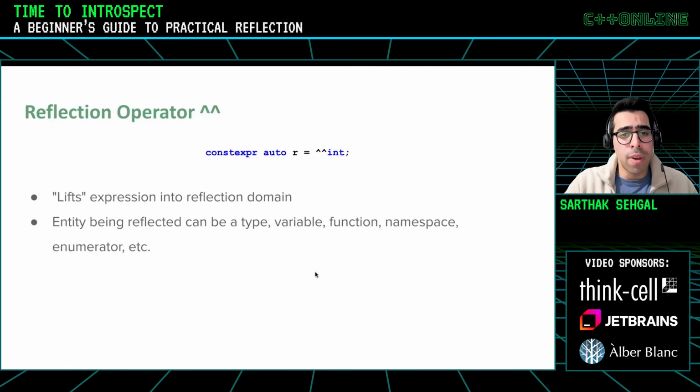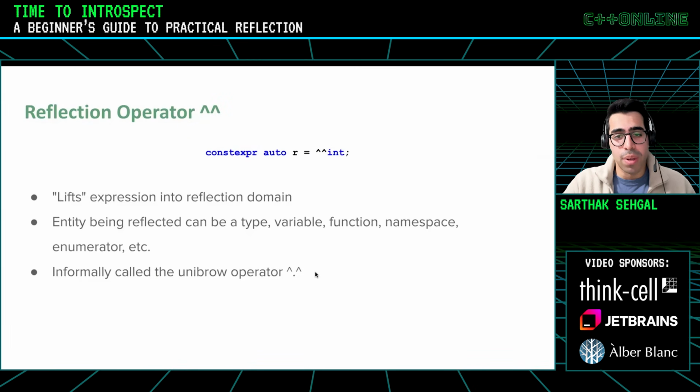The entity being reflected can be a type, variable, function, namespace, an enumerator, and a few other things. It's informally called the unibrow operator because if you draw two carets with a dot in between, it almost looks like a face. If you remove the dot, which represents the nose, you get just the two carets, which is almost like a unibrow. So you'll see a lot of people calling it the unibrow operator.